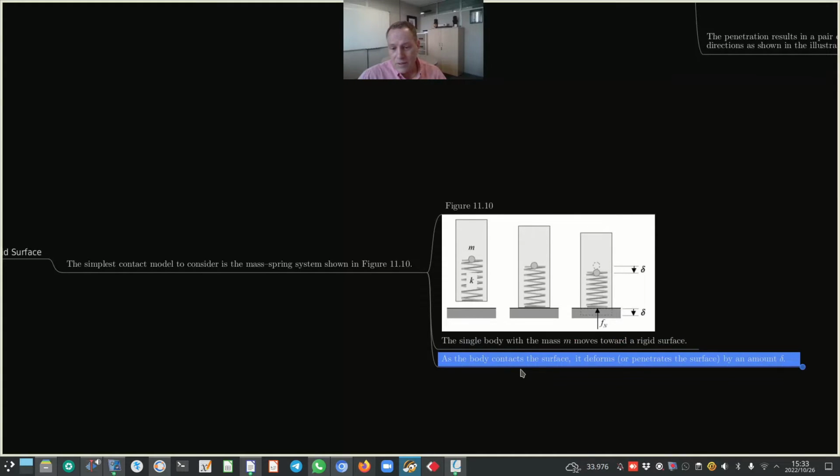Now, as the body contacts the surface, this is the second schematic, it deforms or penetrates the surface by an amount delta. This is the third schematic. The second schematic is at the time instant when contact is made, and now there is either deformation or penetration, indicated by delta.